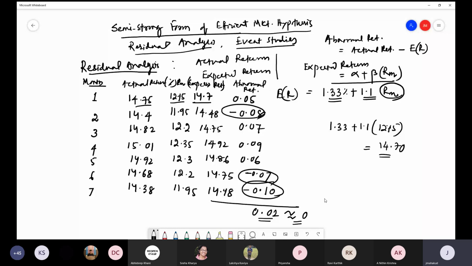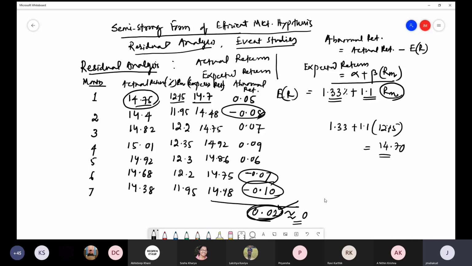So that means the summation of abnormal return is not very high. In that case, we can say that the market is semi-strongly efficient. What does it mean? It means that the price or the return is reflecting all the publicly available information, and all the information which is coming in a random fashion to the market is reflected through the prices.